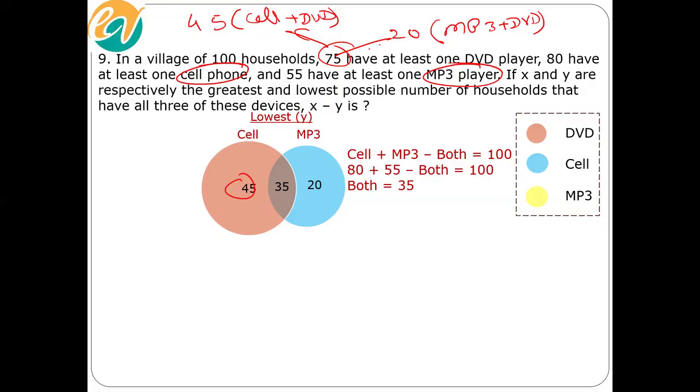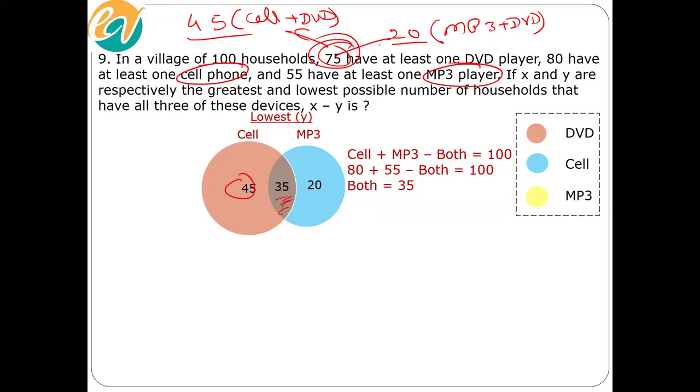But now I am left with 75 minus 45 plus 20, 65 accounted for. The remaining that I am left with, 10, I have no option but to occupy this space, which is the number of households that will have all the three. So the minimum number of households that have all the three gadgets would be 10.